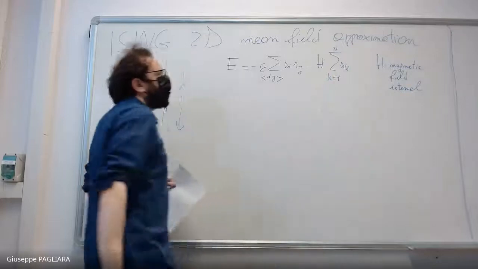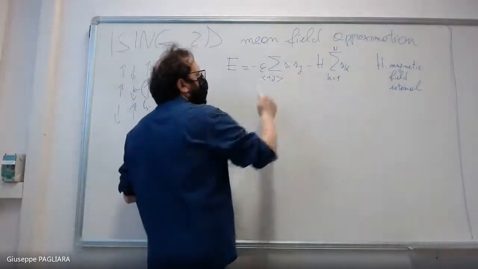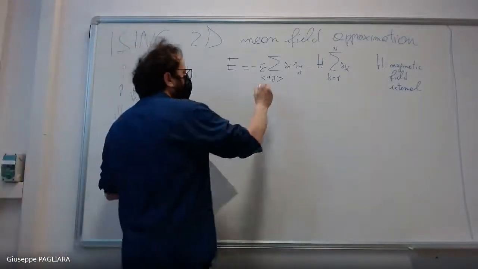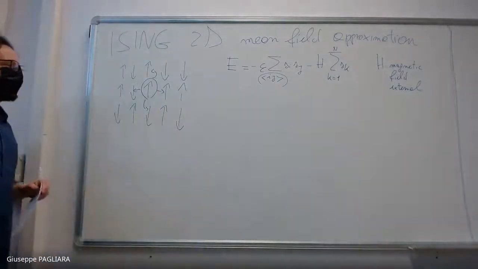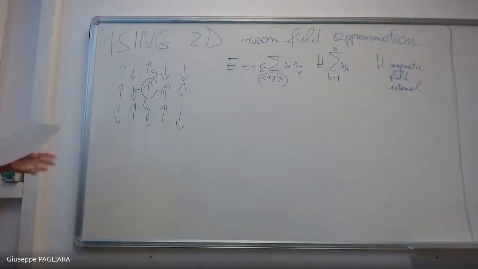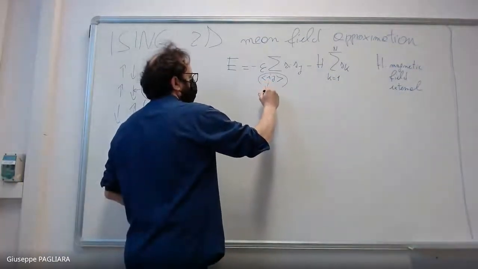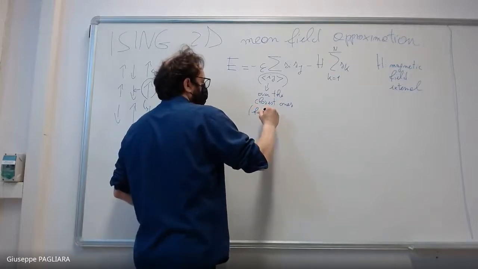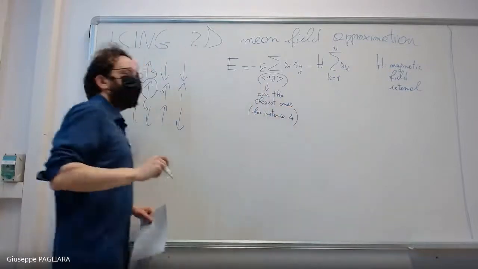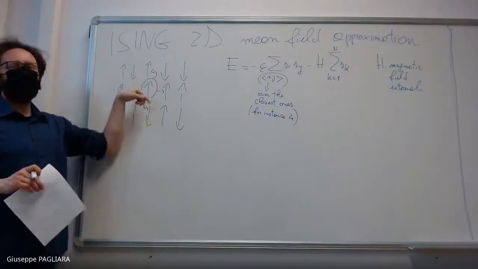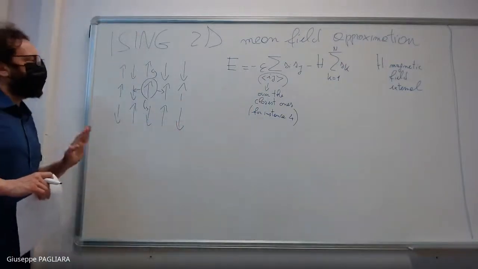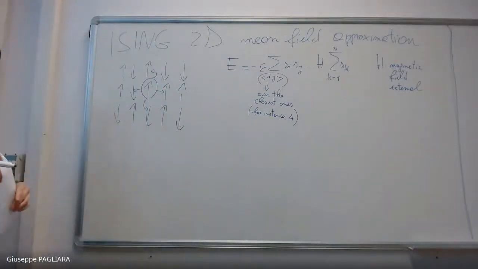So we have the coupling between the spin and the external magnetic field as usual, and then we have a coupling between the spins among themselves, regulated by an interaction strength, which is the Greek letter epsilon. And here we have a sum over two indexes, which are i and j, running over the closest spins. Okay. So each spin interacts with the closest four spins, for instance, or could be 6, or could be more. At this level it is just a way to say that these spins are interacting with the neighbors. Okay, we will specify later how many of them we are going to use.